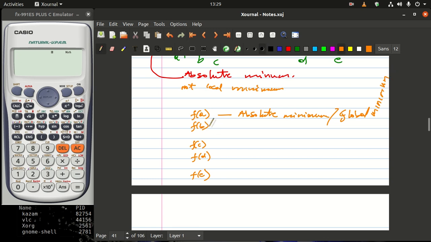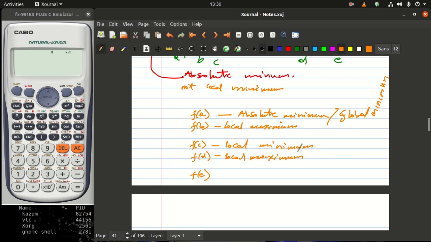And then at f of b we are actually having a local maximum. And then at f of c we said that we are actually having a local minimum. And then at f of d we're actually having a local maximum.